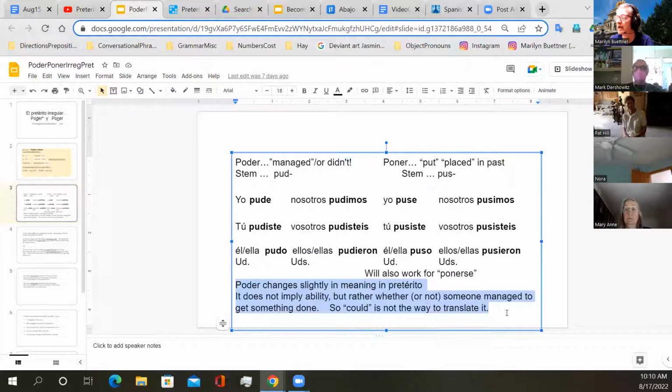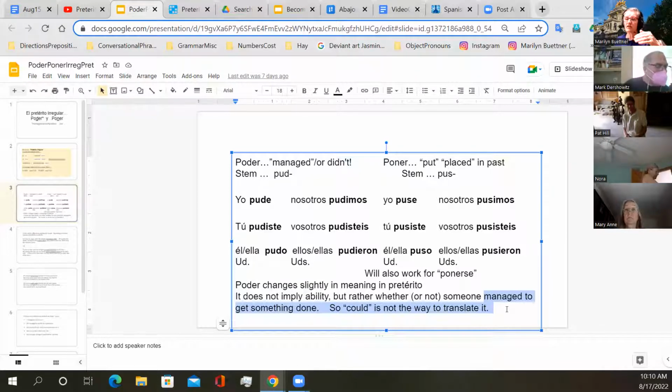So as an affirmative statement, poder in preterito means someone managed to get something done. It means that activity really happened at a specific time. Okay. We would not translate these pude, pudiste, pudo, pudimos, pudieron, these preterites, as could.